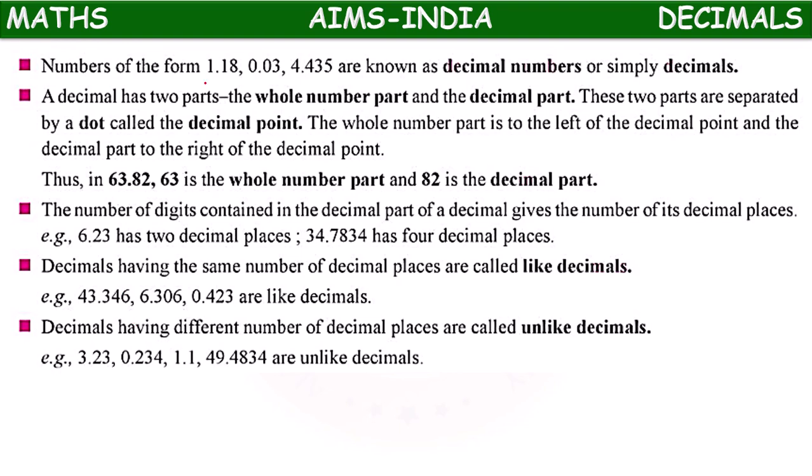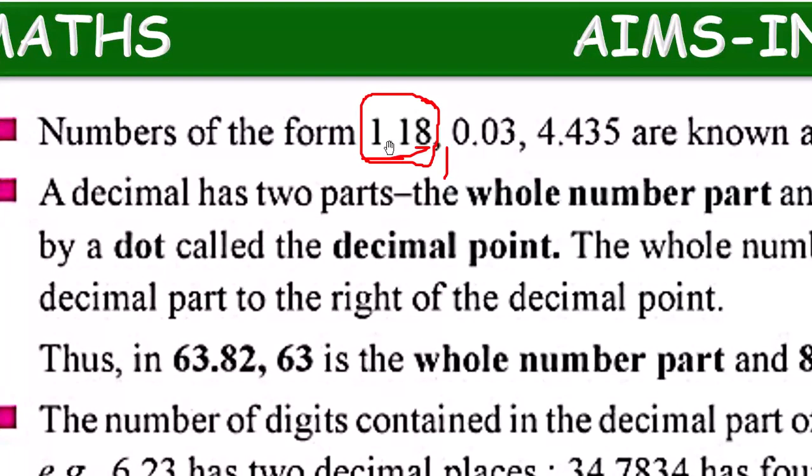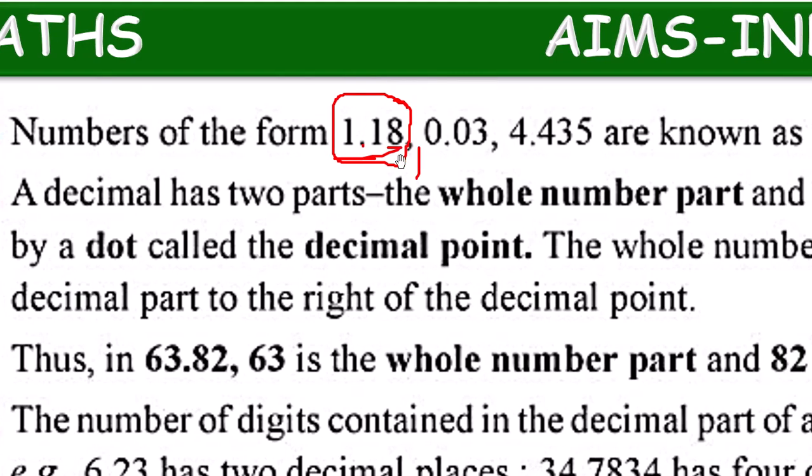Next, numbers of the form 1.18. How to read this? We should not read it as one point eighteen. After the decimal point, whatever digits we have, we have to read them separately. Like 0.03, 4.435.